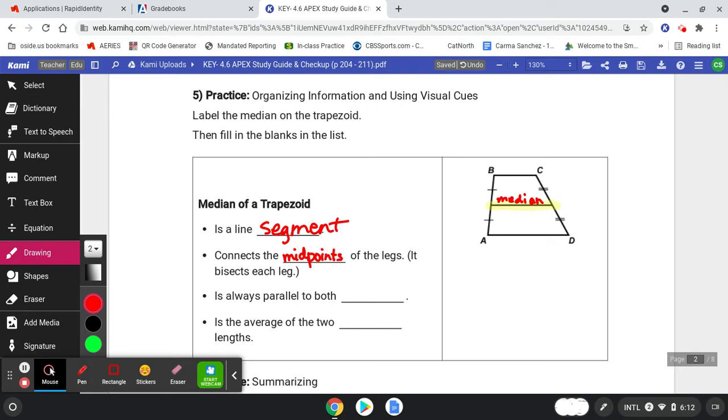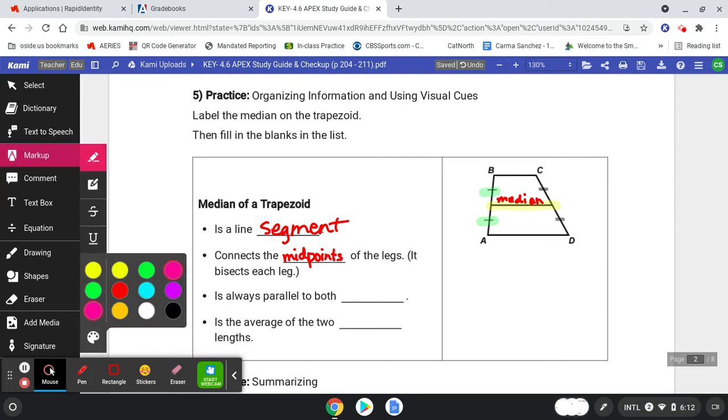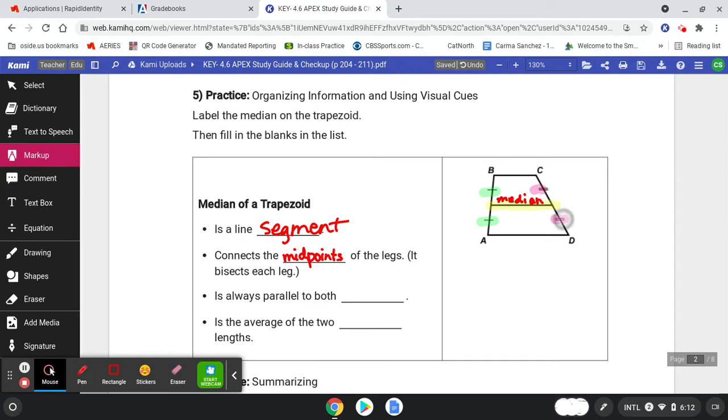So see how they marked right here that this is equal to this because it's a midpoint, and this is equal to this. Notice those are not equal to each other on the right and the left.